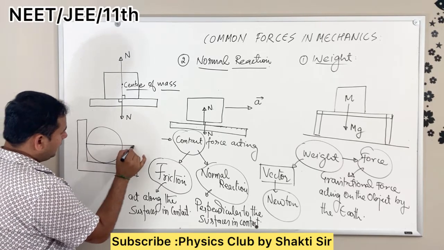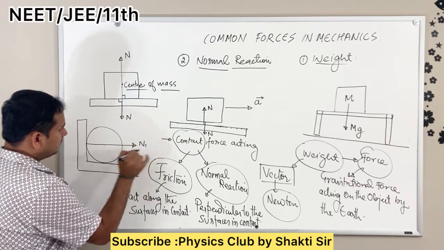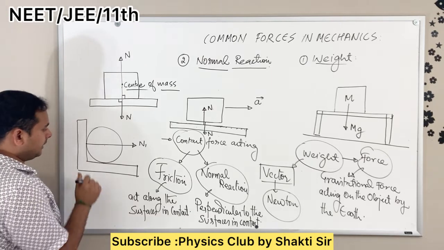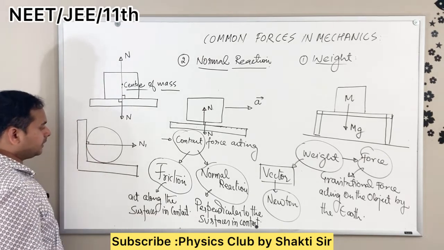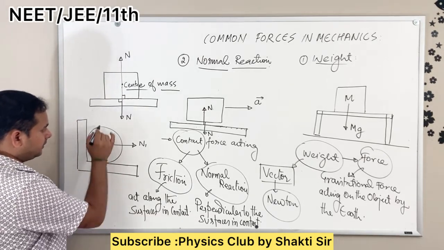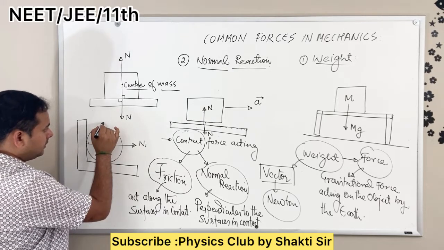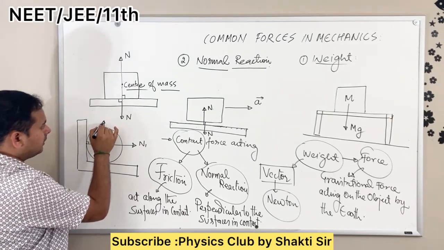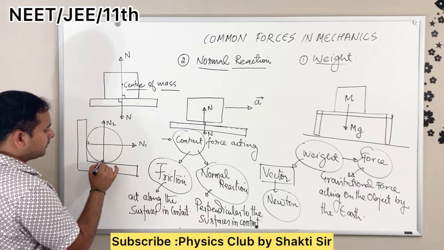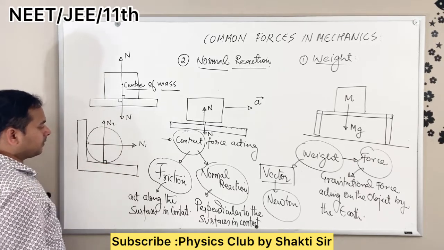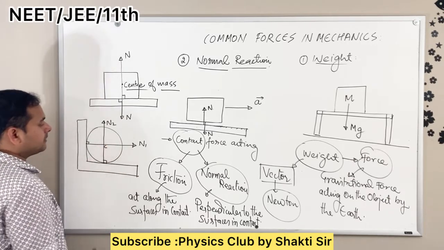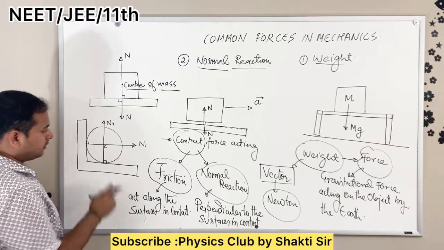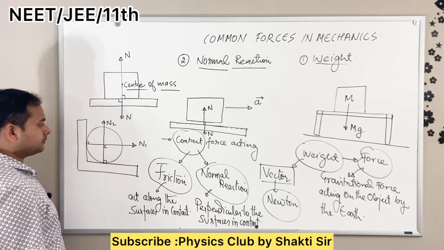From this point a normal reaction N1 acts in this direction, perpendicular to the surfaces in contact, and from this other contact, a normal force N2 acts, which is again perpendicular, and both forces pass through the center of the ball.